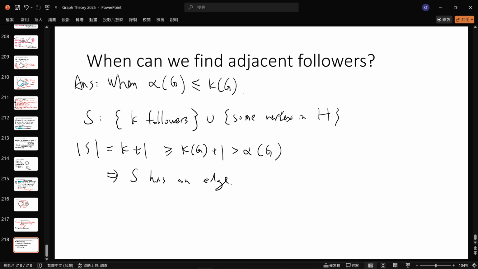So this is S, and we have some followers, and we also have some vertex from the component H. And there's an edge within this set.